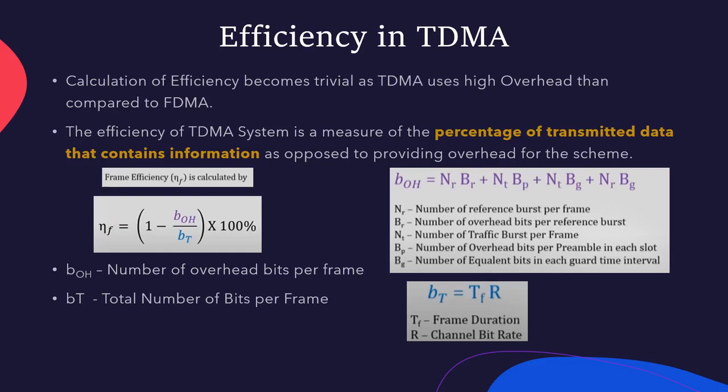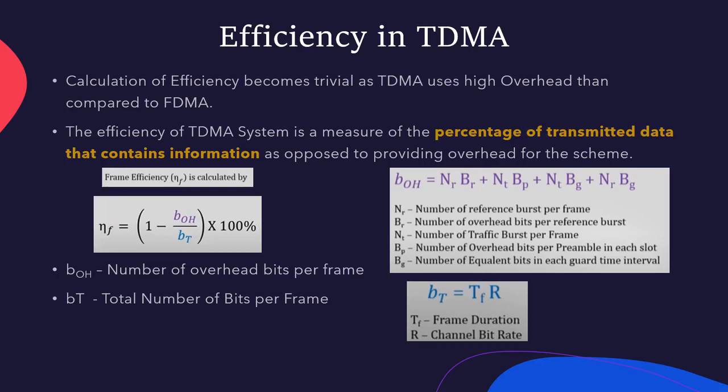It can be measured using an expression represented by eta f equal to (1 minus BOH over BT) times 100%. Here BOH represents the number of overhead bits per frame and BT represents the total number of bits per frame.